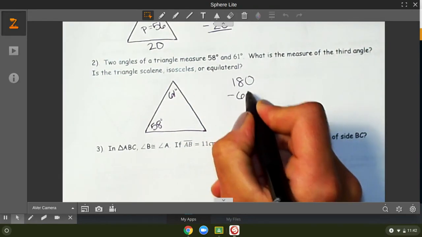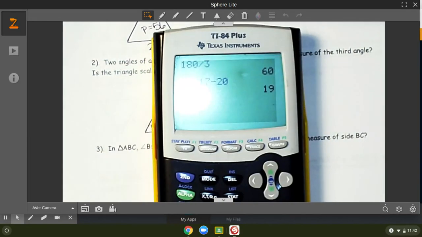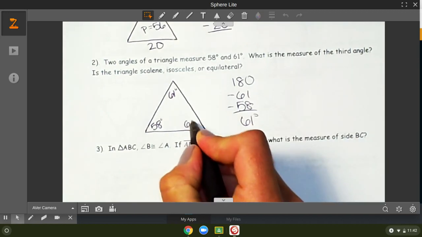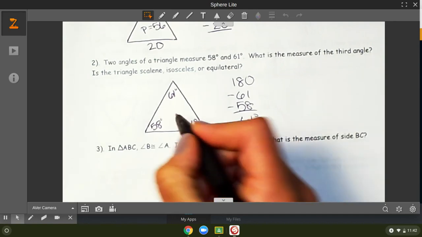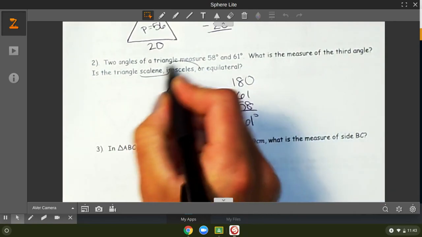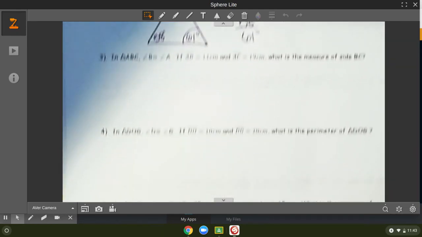So we subtract off 61, we subtract off 58, and let's see what we get. 180 minus 61 minus 58, and we get 61. So our third angle is 61 degrees. So what type of triangle is it? Well, we have 2 equal angles, which means it is isosceles.